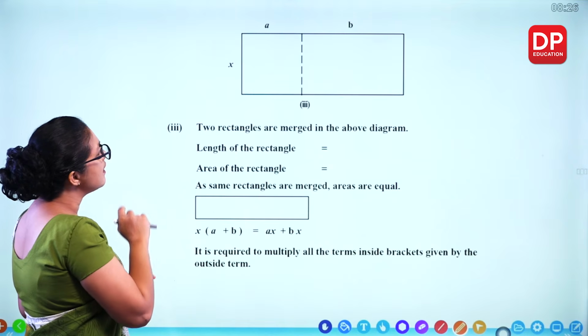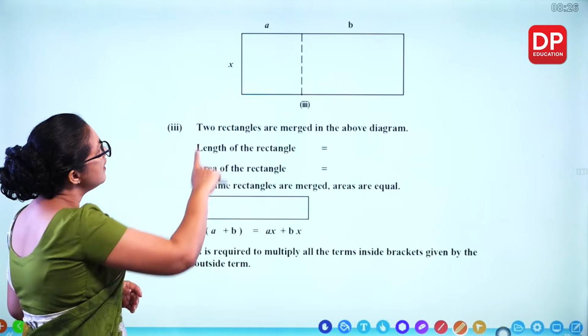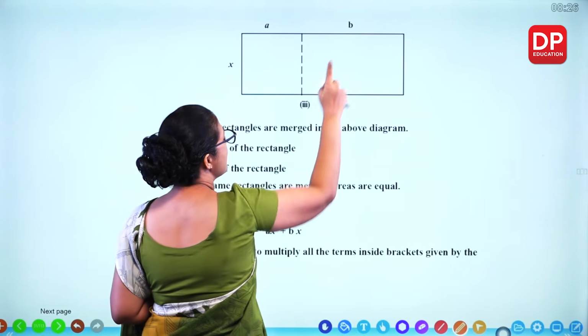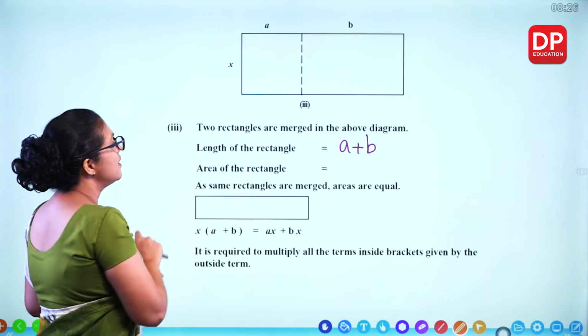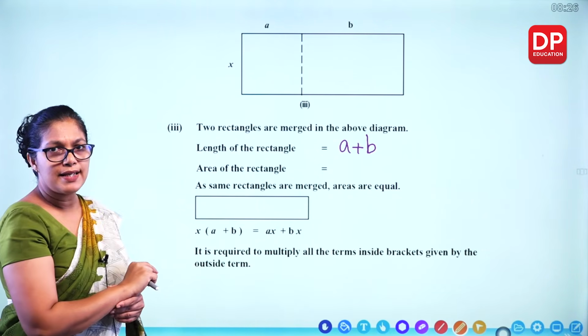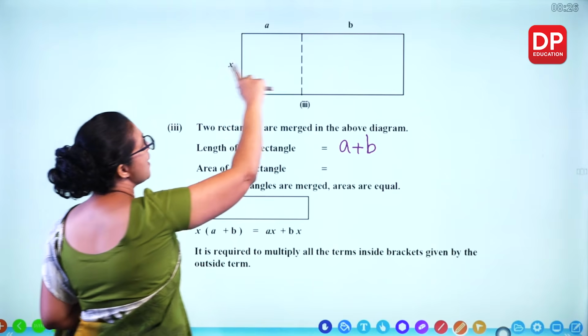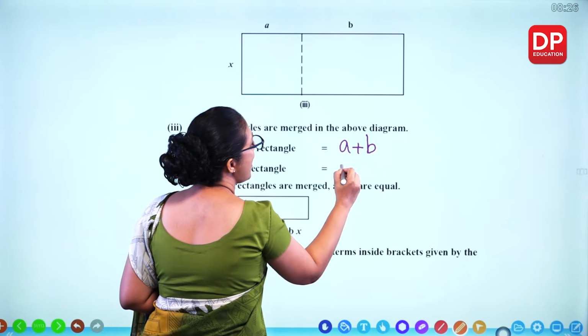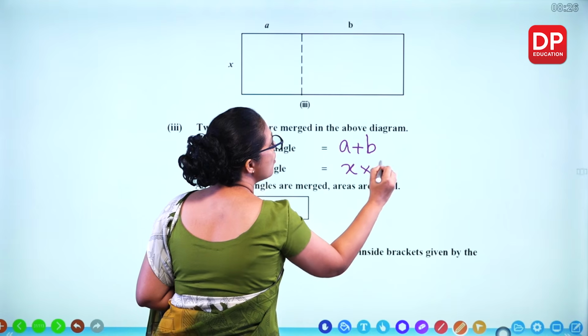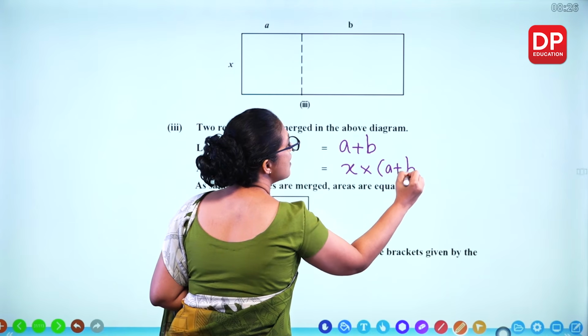What's the length of this rectangle? Length is a here, b here, a plus b. What's the area of the rectangle now? Length is a plus b and the width or breadth is x. So x into a plus b.